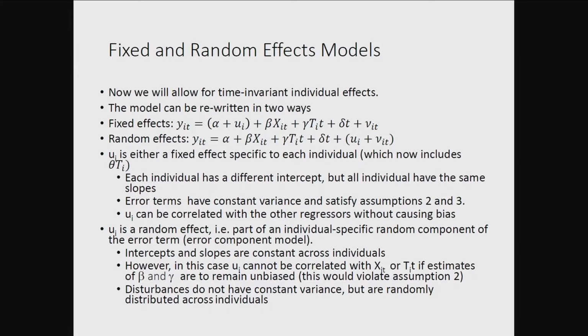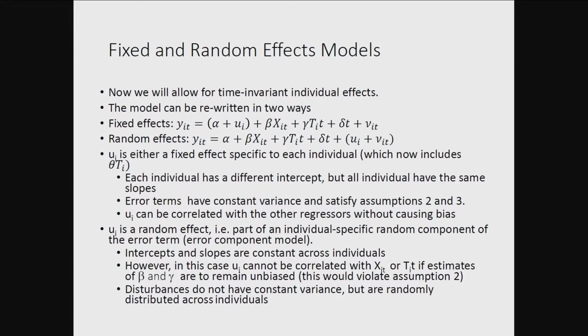The exogeneity assumption, because if there is a correlation between the error term and the explanatory variables, this violates exogeneity. So if I want to run a random effect model, ui must not be correlated with my explanatory variables. And that's the main difference between the fixed effect and the random effect.